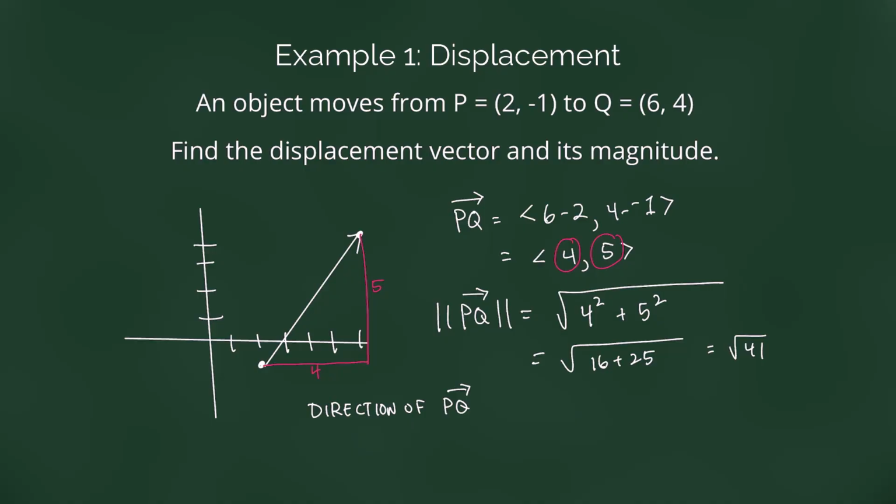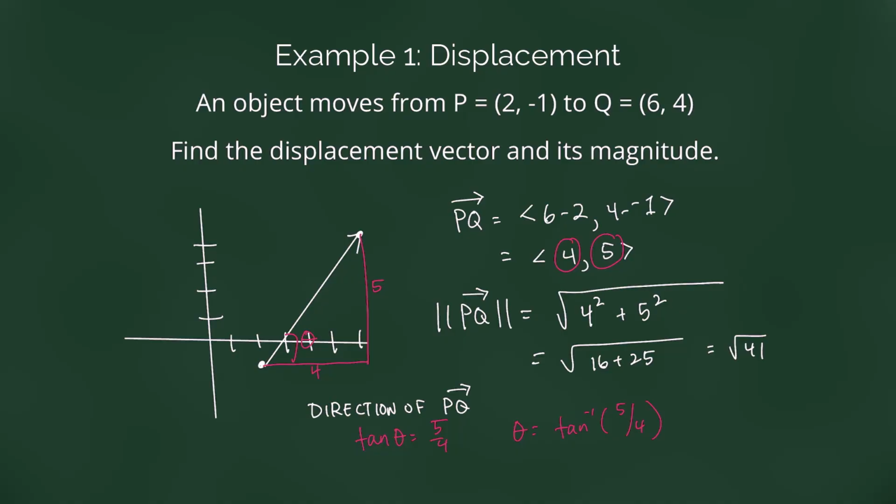Because the horizontal component of PQ is 4, we're looking for the direction, which is this angle theta here, and we can see that the tangent of theta is opposite over adjacent in a right triangle, 5/4, which means that the angle is going to be the inverse tangent of 5/4.